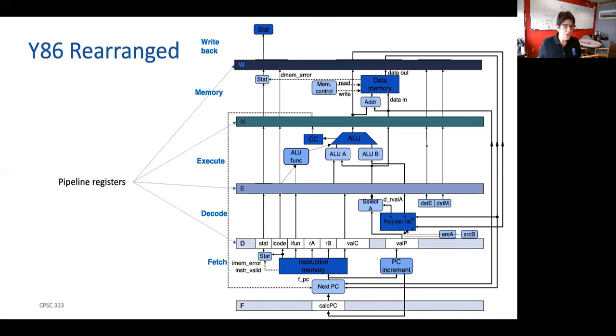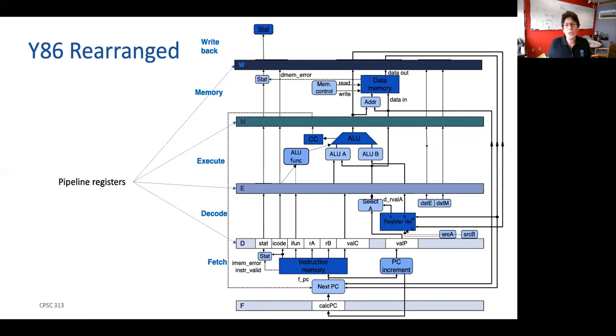You'll also notice that I snuck in a new piece of logic. When we control the ALU, we need to know what function the ALU is supposed to do. Is it an add, a subtract, a multiply? So we're going to have a piece of logic to figure that out. Our job together is to figure out which pieces of state from decode we also need in execute, and which pieces of state that aren't in decode we might need in execute.